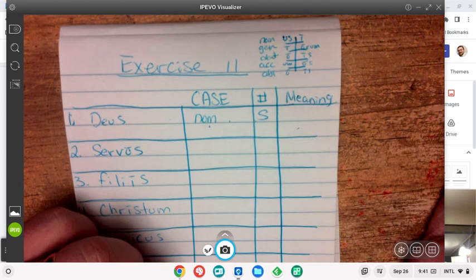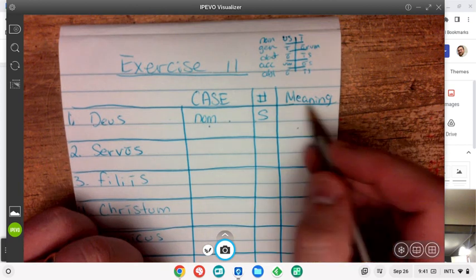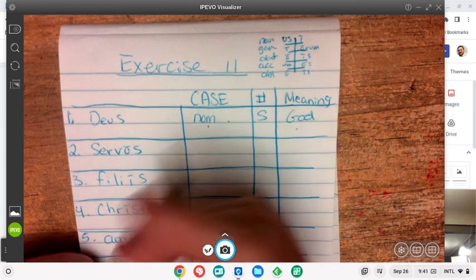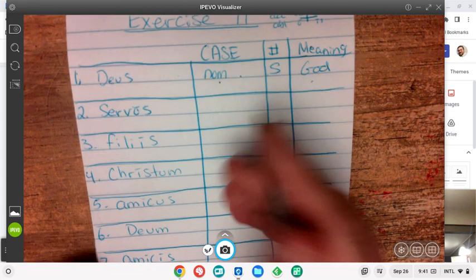So when we do the meaning, we don't need an extra word, so it just means God. And if we don't have this deus capitalized, then it could mean the God, like if you're talking about Roman gods or Greek gods. So it means God, or it could mean the God with no other word.